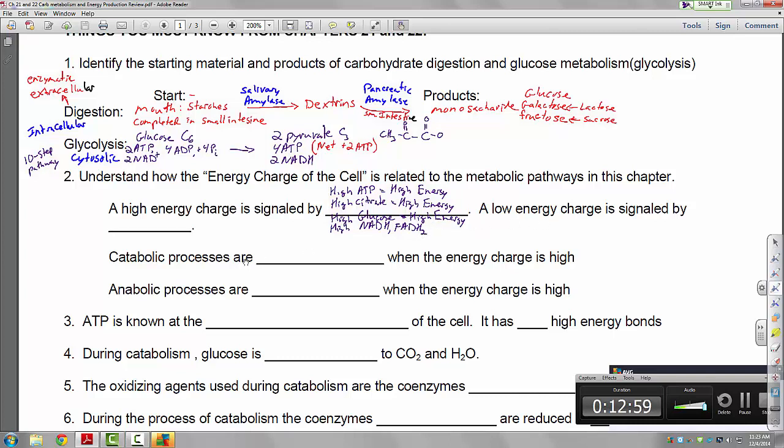A low energy charge of the cell, well, it's going to be kind of the opposite. It's going to be signaled by, if you wish, a low ATP, or in other words, a high ADP, adenosine diphosphate, and adenosine monophosphate. It's also signaled by low citrate or low glucose.